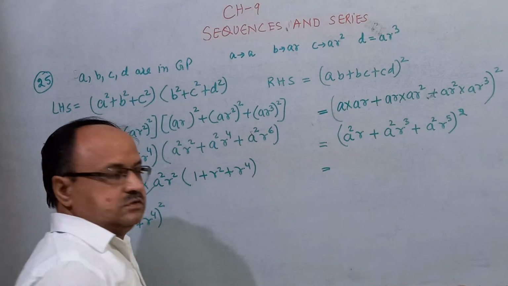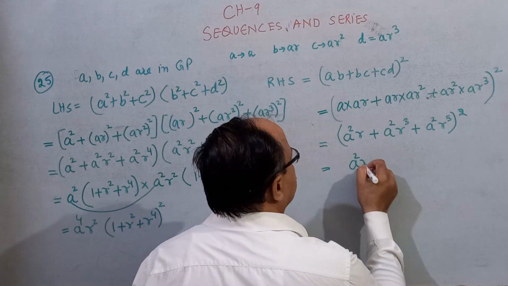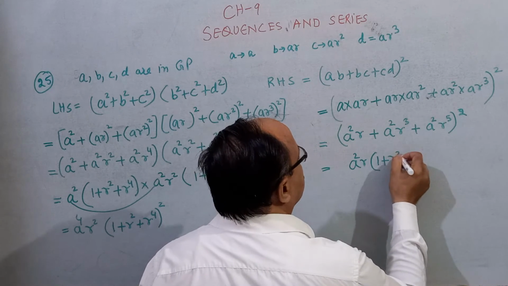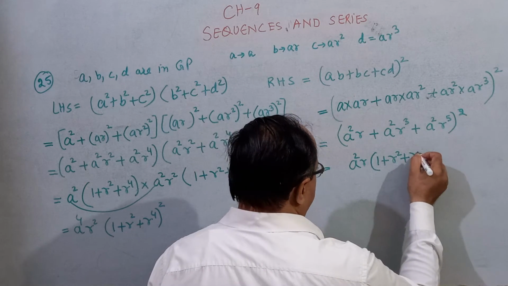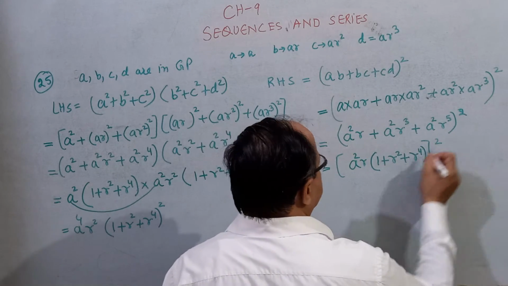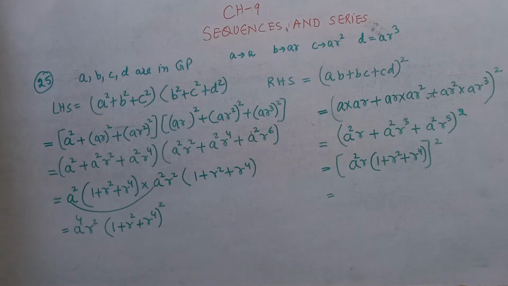Now you can take common. Common in a way, r square common. Here 1 plus r square plus r to the power 4, all to the power 2. You can check. Correct.